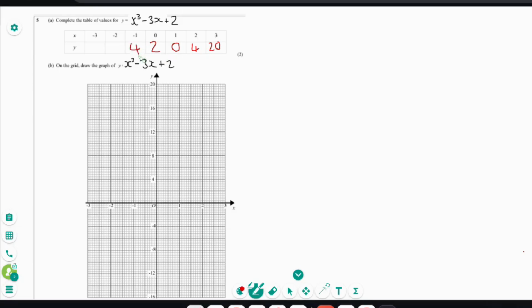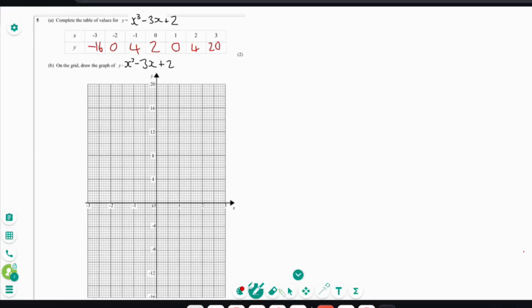Minus 2 cubed minus 3 times negative 2 plus 2. Zero. And minus 3 cubed minus 3 times negative 3 plus 2. So minus 3 and minus 16.